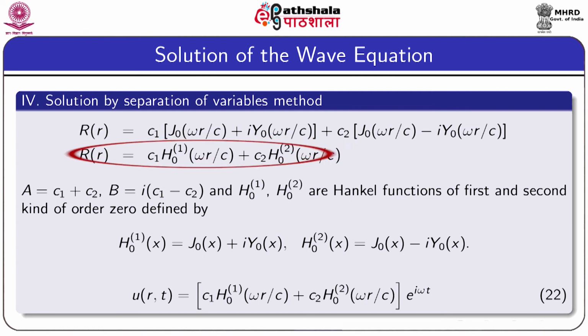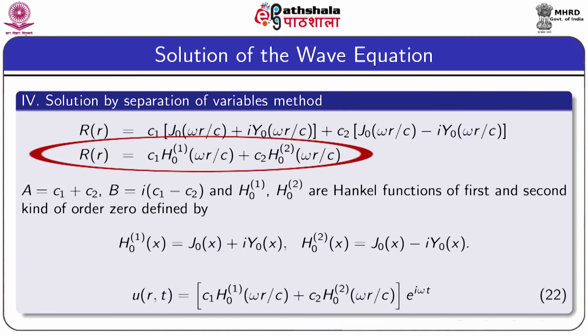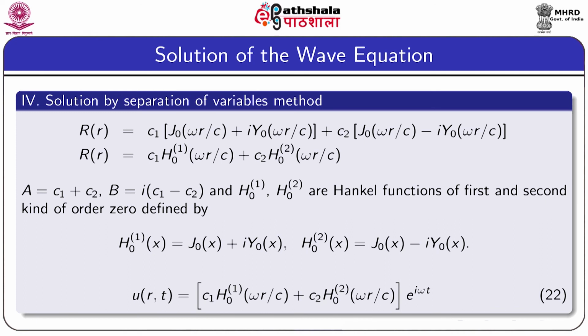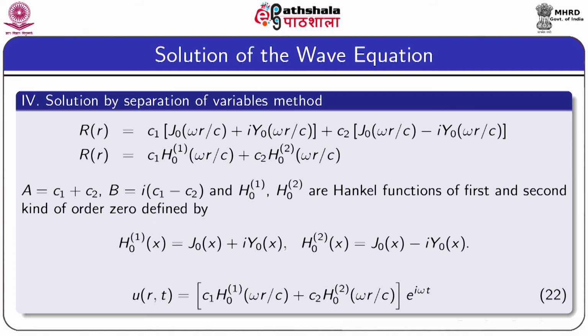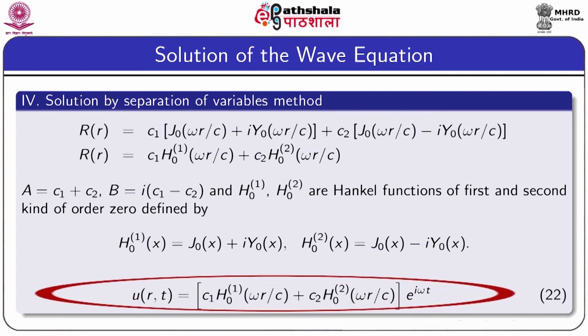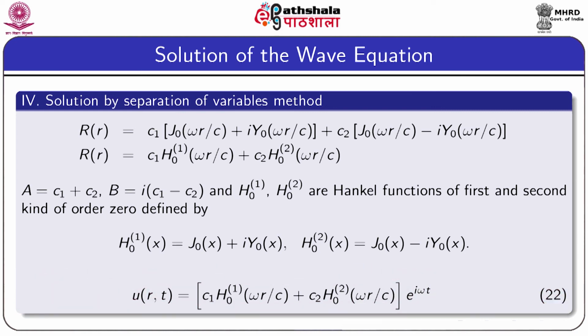So, capital R can be written as C1 H01(omega r by c) plus C2 H02(omega r by c), where H01, H02 are the Hankel functions of first and second kind of order 0, and they are defined in this way, which is written here. Therefore, in terms of Hankel functions, the solution can be written as u is equal to [C1 H01 plus C2 H02] into e to the power i omega t.